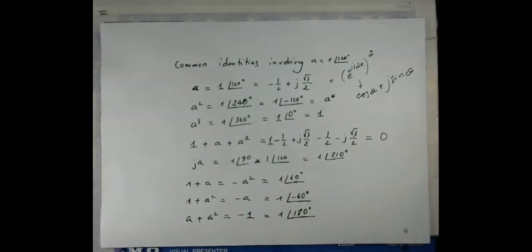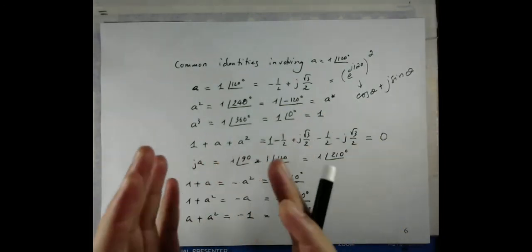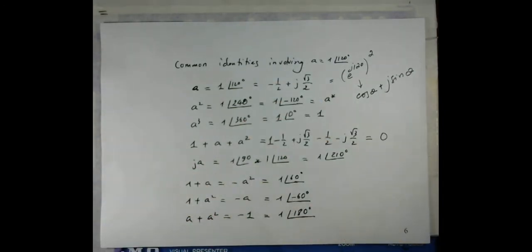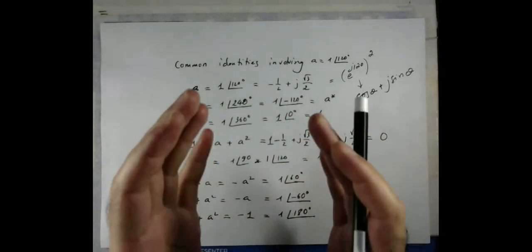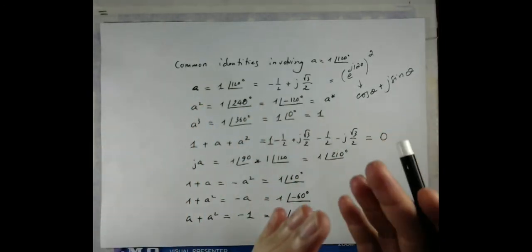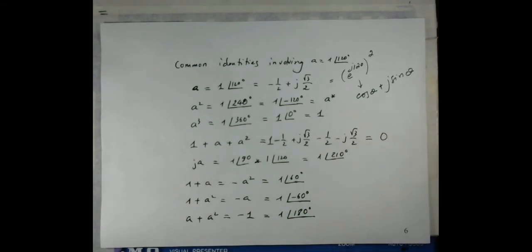So with the help of this operator and these identities, let me now talk about the other quantities, and then we will also get a transformation matrix, how to convert phase quantities into sequence components or symmetrical components.